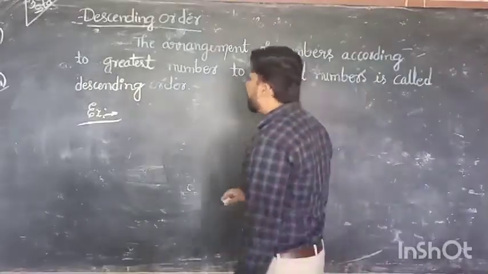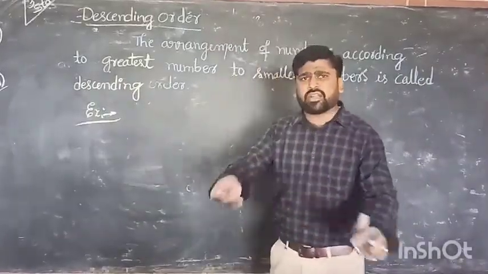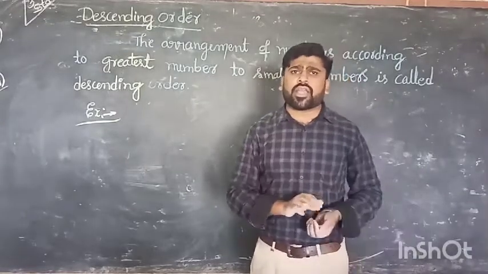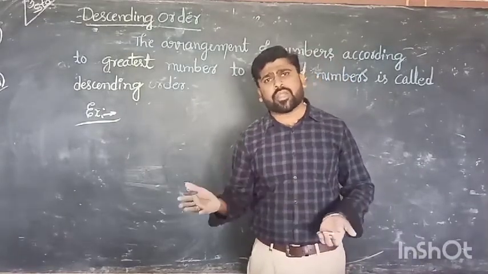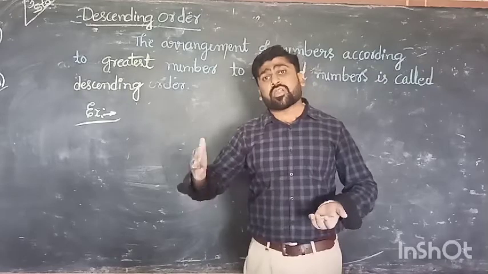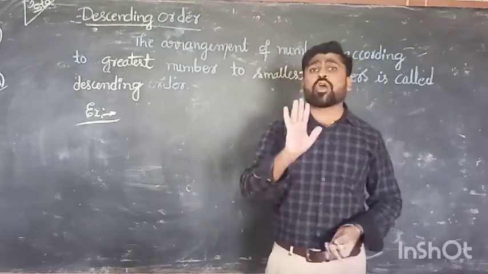See one example here. Simple. Ascending order, reverse descending order. Regarding the ascending order, small number to big number. Regarding the descending order, big number to small number.